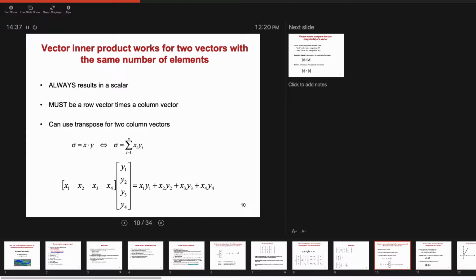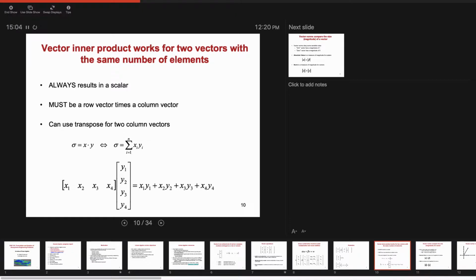Now, what we also visually do when we embed mentally our vectors into matrices, I can do that if I have a row vector and a column vector. Then I go x1 times y1 plus x2 times y2 plus x3 times y3 plus x4 times y4 is equal to that sum.